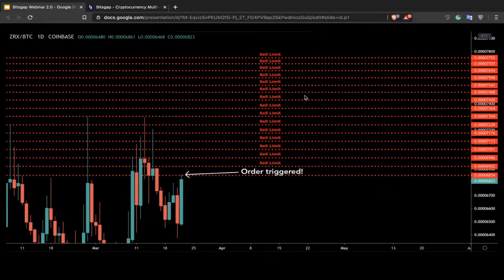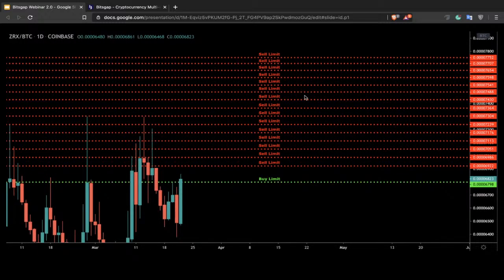You see? If it again goes upwards and triggers other sell limit orders, each time it triggers a sell limit, it's gonna place a buy limit order below. And if the price stays within the trading range, it's gonna trade almost endlessly, unless it goes beyond or breaks the lower limit price.